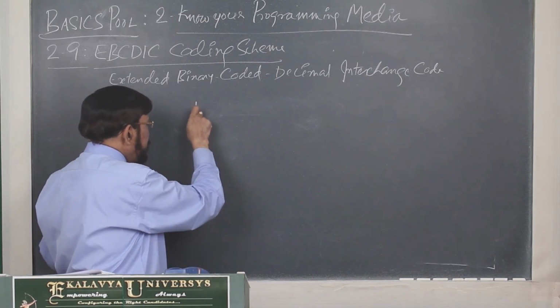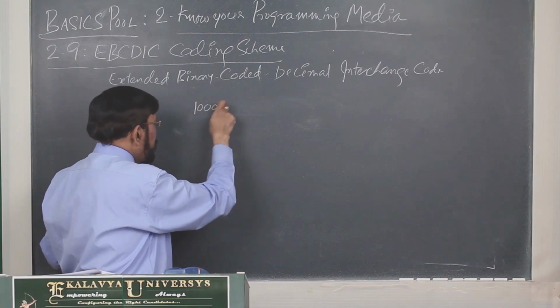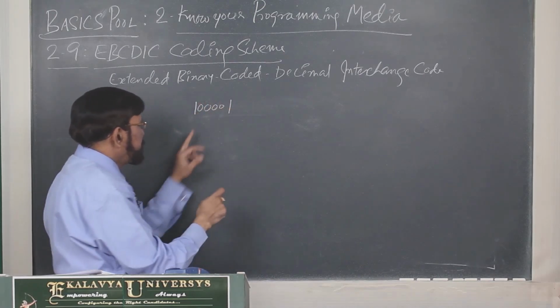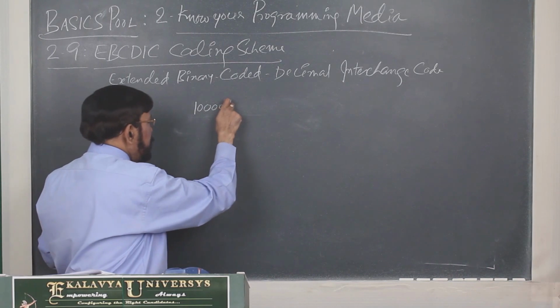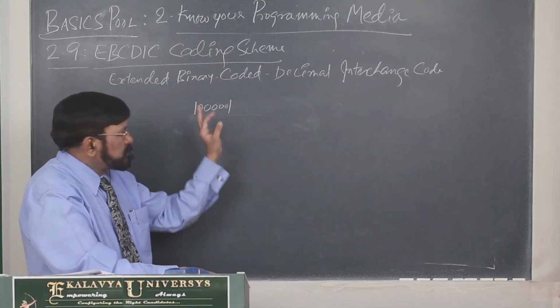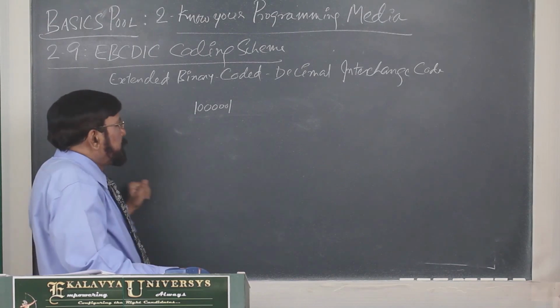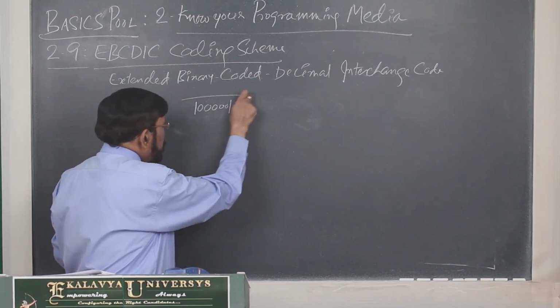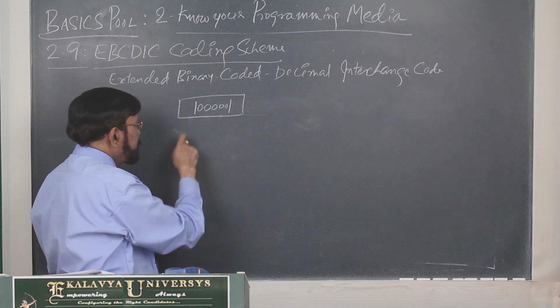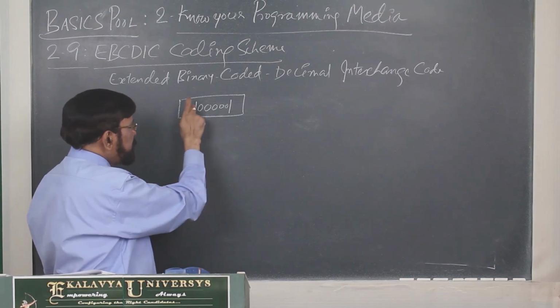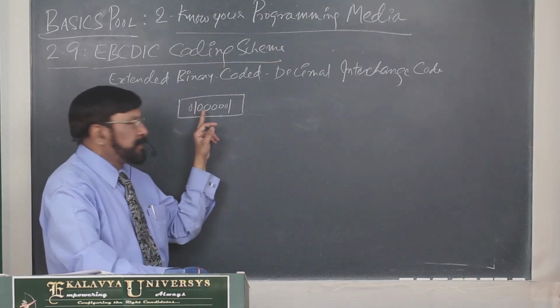Actually, a binary pattern is this. And here is the binary pattern which is stored in the computer according to ASCII. Already I told you, a byte of storage is used. Here only 7 digits are used, and it is padded by 0.